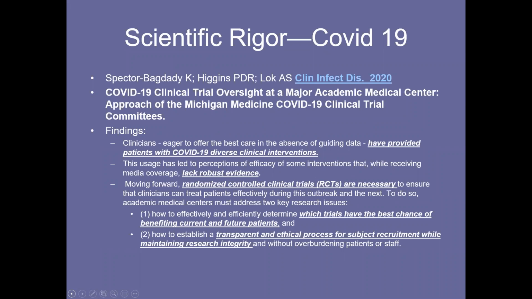Very early on in COVID, there were papers accepted for publication that were rushed through the process, and I will tell you that they had to be retracted. It wasn't one or two; it was fairly widespread.